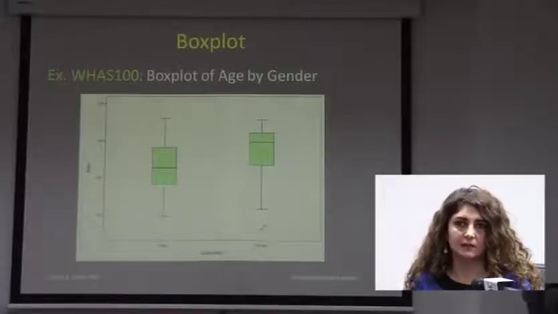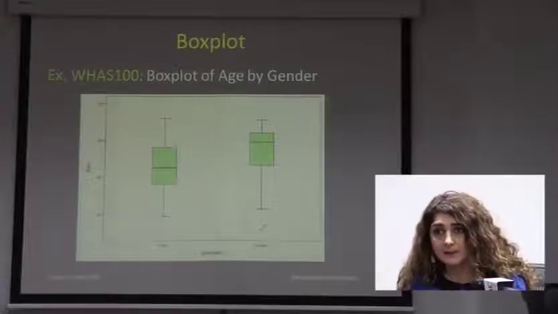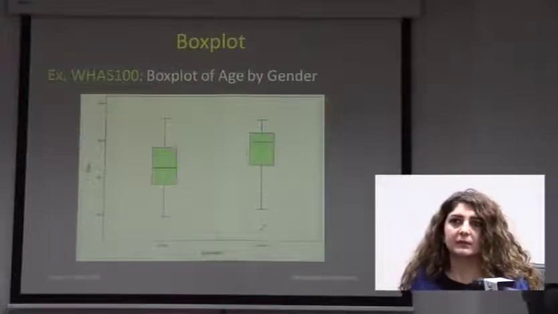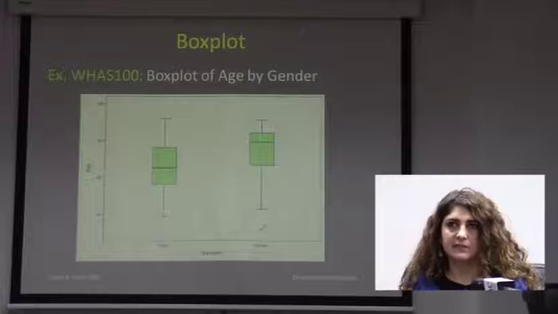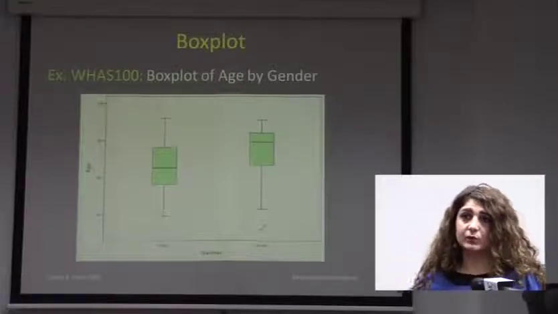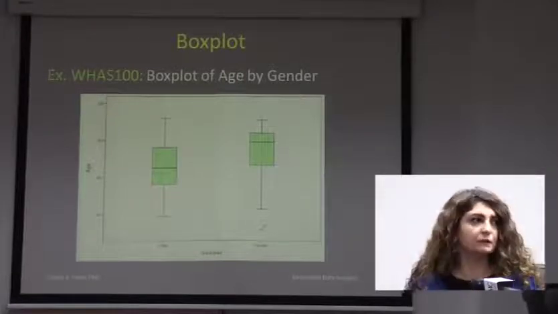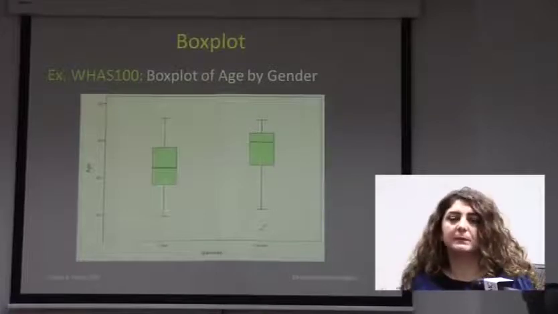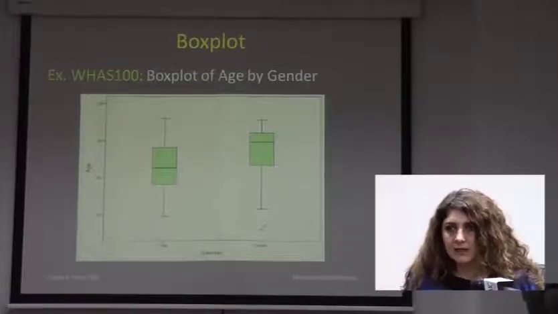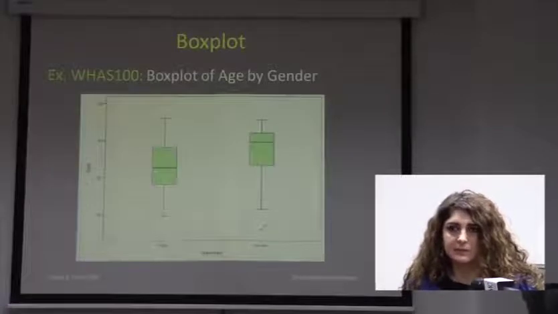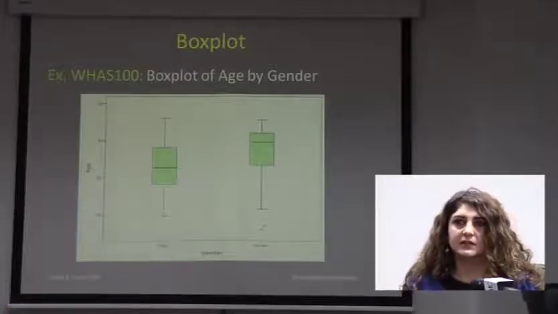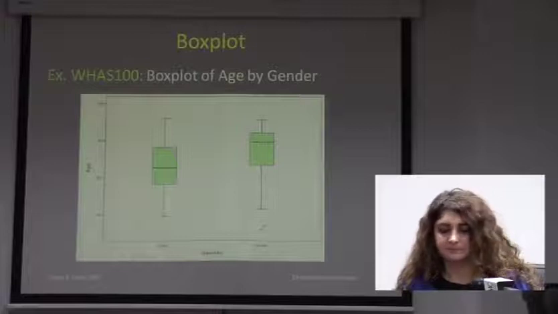The median is not in the middle. Now for the variability, I would say they're comparable a little bit, with some differences. I can also see that the median age for females is much higher than the median age for males. And just by looking at this plot, I can see that I have an outlier in the female values.